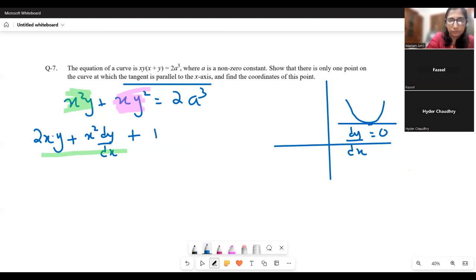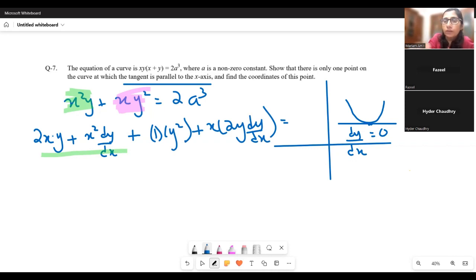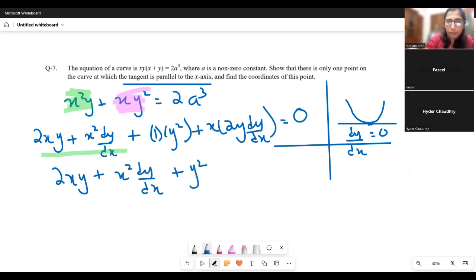So 1 times y square plus x times 2y dy over dx, and equated to 2a cube's derivative, which is going to be 0. So we get 2xy plus x square dy over dx plus y square plus 2xy dy over dx equals 0.